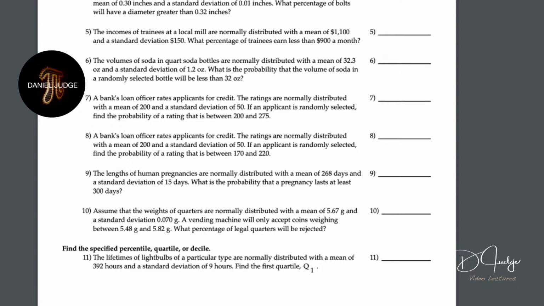So in number 5, they're saying the incomes of trainees at a local mill are normally distributed. So if you're looking on the web at number 5, they're saying incomes are normally distributed. Okay, now what do they say in number 5?